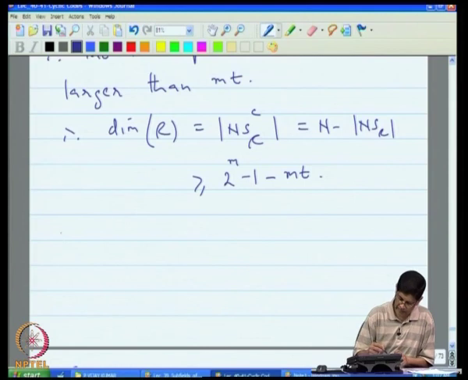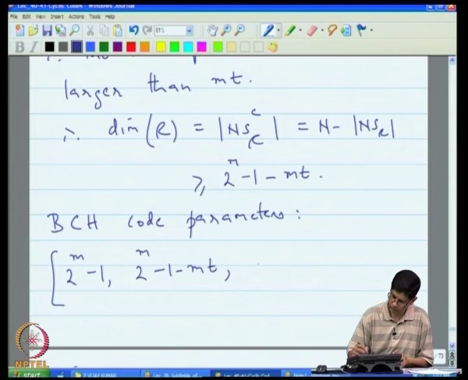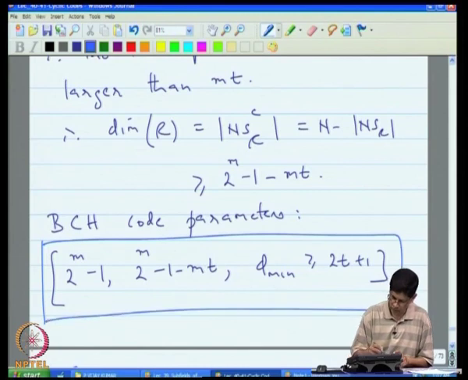For this reason, you will see the parameters of a BCH code described in this way. So, this is how you would typically find the parameters of a BCH code described.